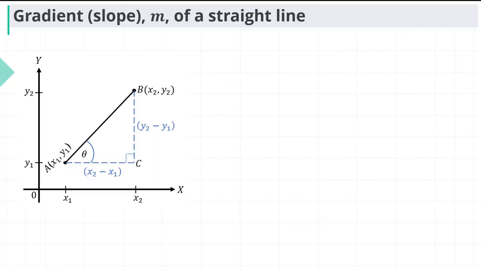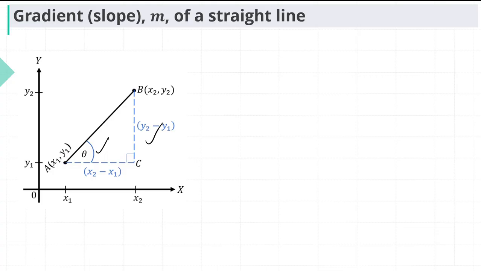We have here in the XY plane a line segment AB that is inclined at an angle theta to the horizontal. We see in the triangle ABC that the side BC, having length y2 minus y1, is opposite to the acute angle theta.